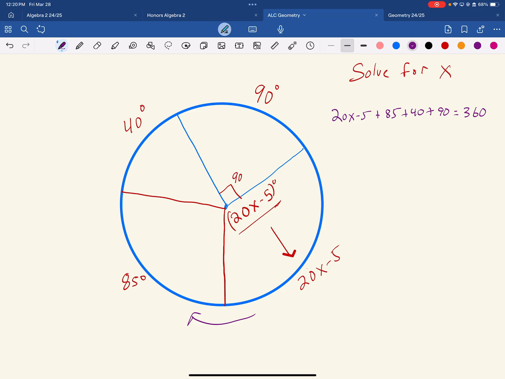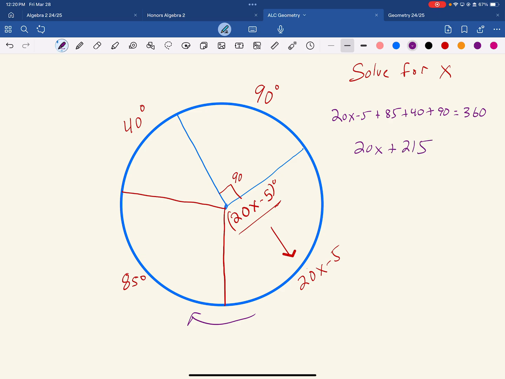Just because there's a variable in there, it doesn't change the fact that around a circle is 360 degrees. The measure of the circle is 360 degrees. Now we just have to solve it. So we've got negative 5 plus 85 plus 40 plus 90. Hey Siri, what's negative 5 plus 85 plus 45 plus 90? Negative 5 plus 85 plus 45 plus 90 is 215.